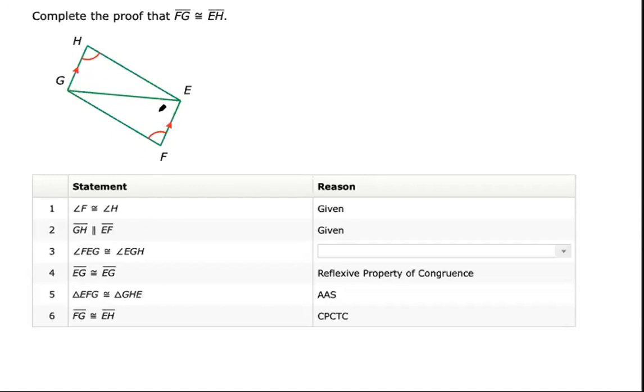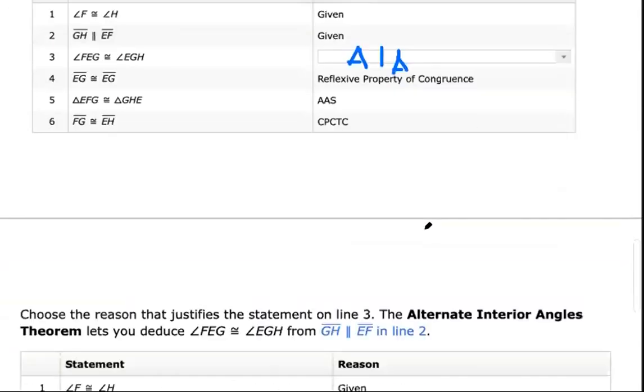And then we're looking for FEG and EGH right there. And that one is going to be the alternate interior angles theorem.